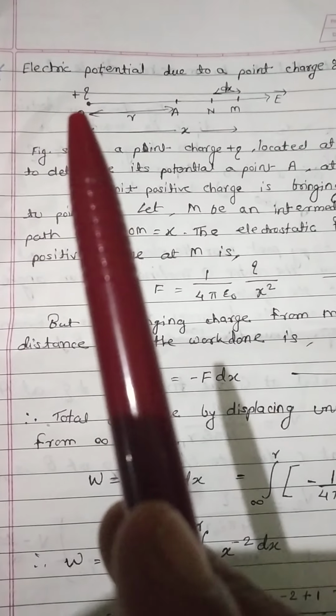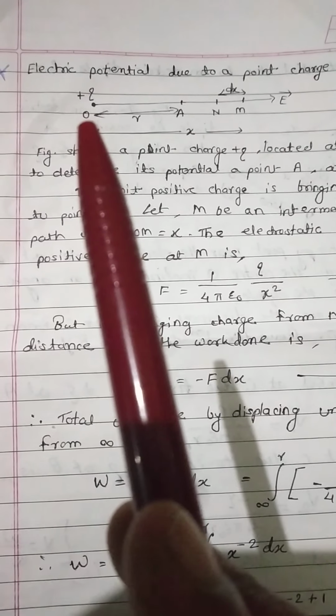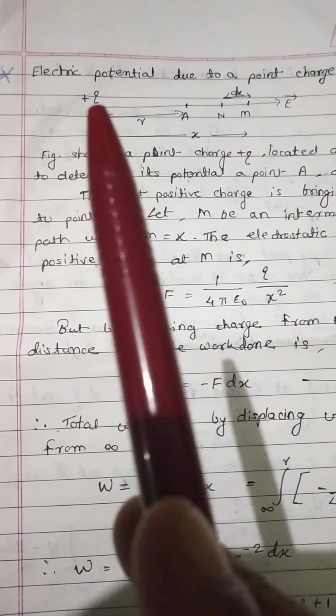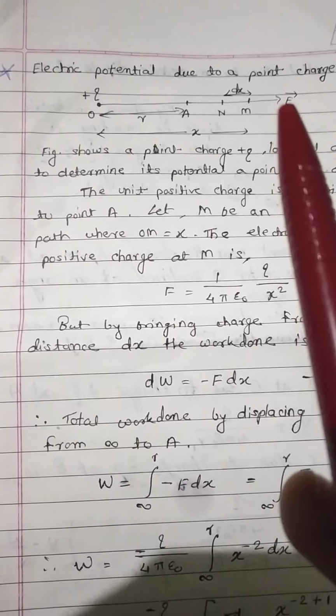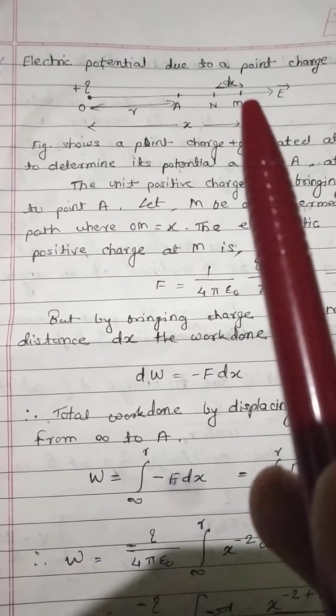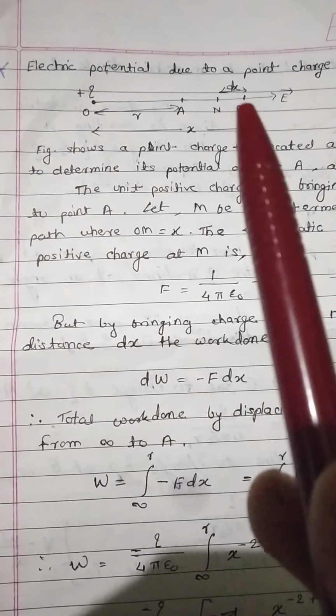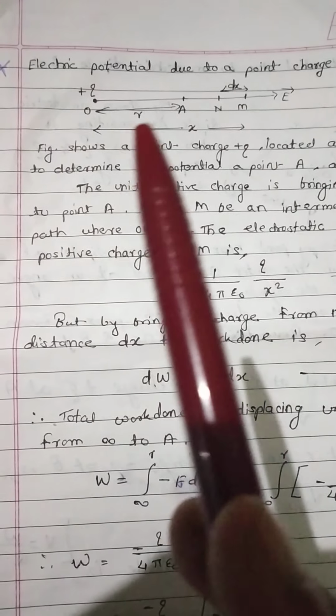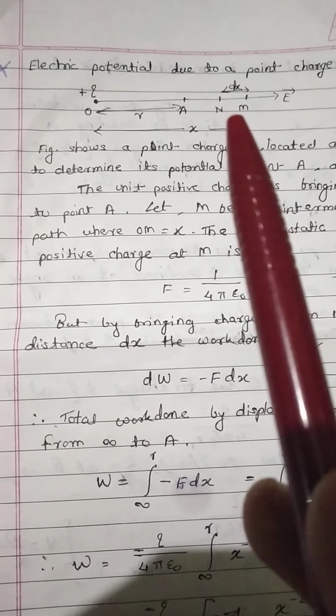This directed electric field intensity is along this direction, E vector. Then a test charge is placed under the influence of electrostatic force.